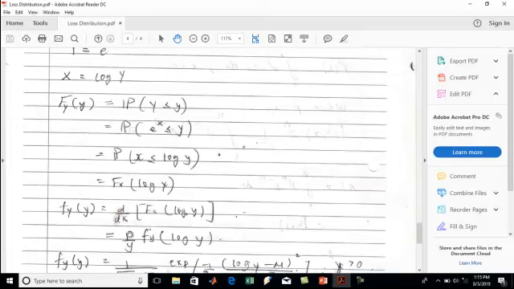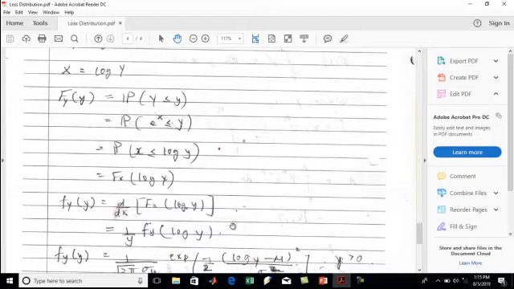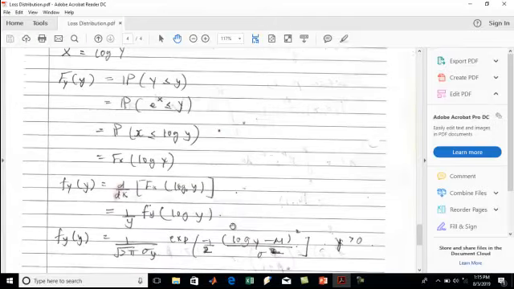I take the derivative of log of y, which is 1 over y, and differentiate f of x at log of y with respect to x.